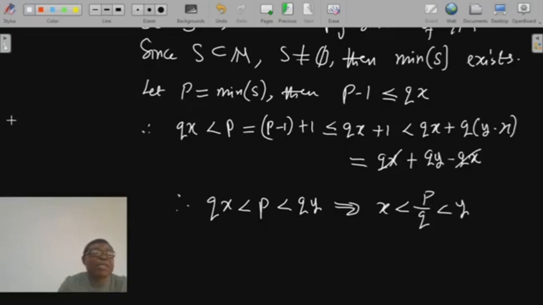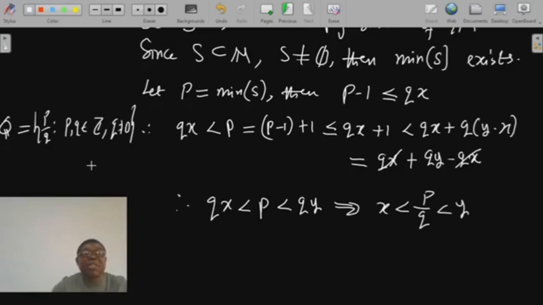Remember that the set of rational numbers is the set of P over Q, so that P belongs to the set of integers, and Q is not equal to 0. And we also know that the set of natural numbers is a subset of the set of integers.